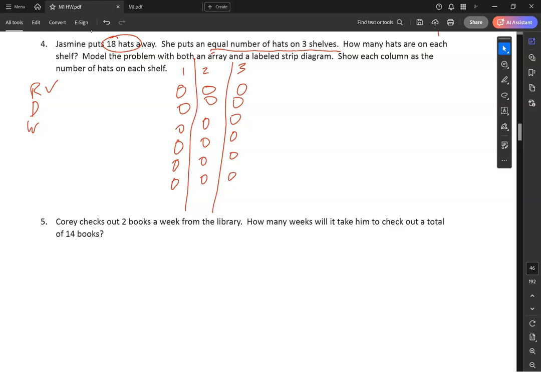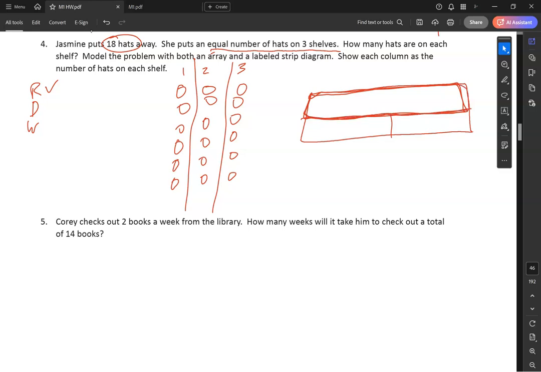Now we need to do our strip diagram. Okay, strip diagram. Remember, the top, it can be on the top or on the bottom, it doesn't matter. But the one that's the entire length, the entire area is where our total goes. Okay, total.